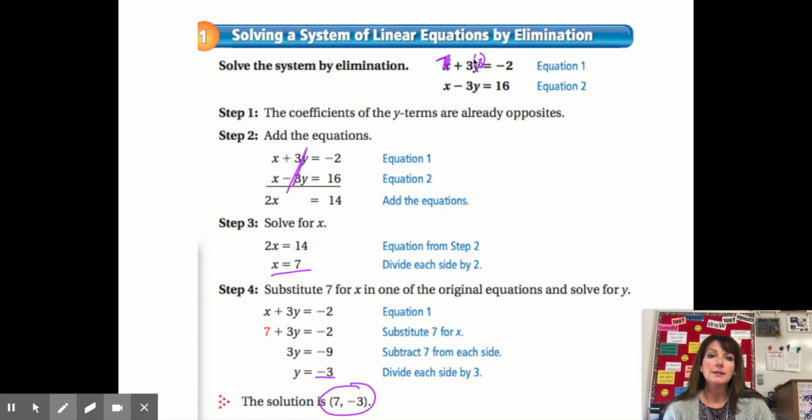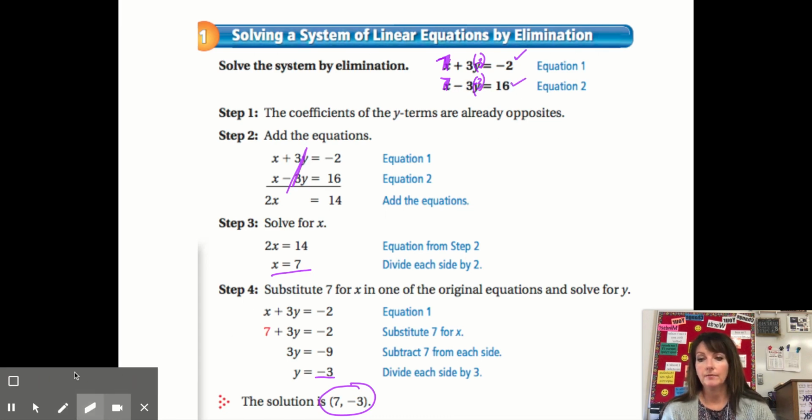Is 7 plus the -9 equal to -2? Yes. If this is a 7 and this is a -3, 7 minus a -9 is like 7 plus 9, which is 16. Yes, so it does work.